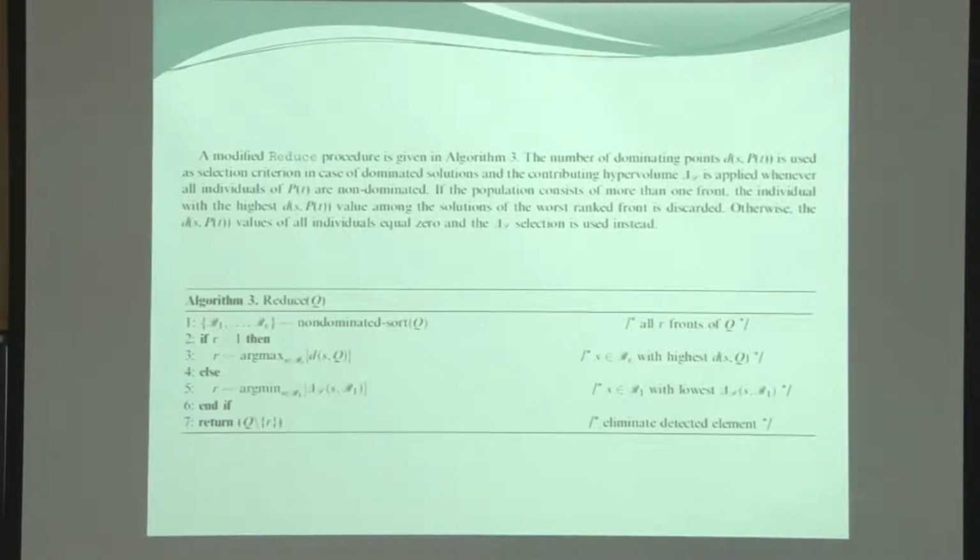But if this solution does not dominate the other one, there is a tie, they are non-dominated between themselves, then they apply crowding. They measure the value of crowding, and whoever has the larger value wins. In this case, they use hypervolume. They see which of the two solutions contributes the most to the hypervolume. Okay, and I think the code is not available in the public domain, except in JMetal. In JMetal, you can find it.